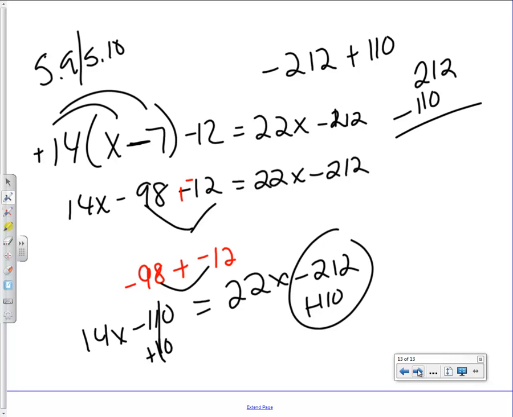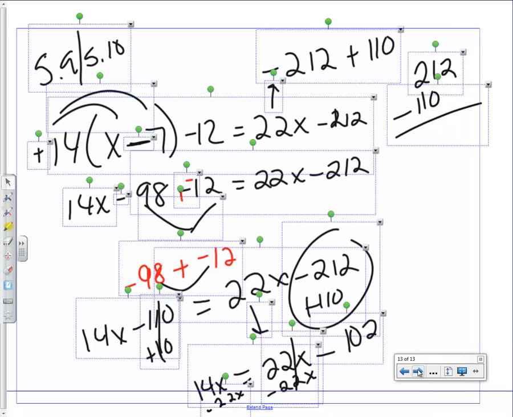And so 212 minus 110 is going to give me a negative was the bigger number, and so I end up with negative 102. I bring down the things that I haven't used. Okay. And from here, I need to put the letters on the same side, so I'm going to subtract the 22x. Okay, make a little space on the screen for us to be able to finish working this.